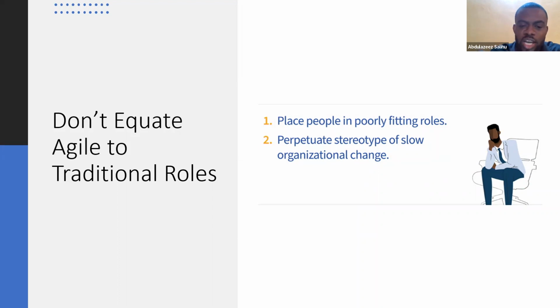You have to even look at your PM. Is your project manager more knowledgeable in the product of the organization? Because in the agile world, you have a product owner. The product owner is a content champion, a person who represents the business in the agile team.